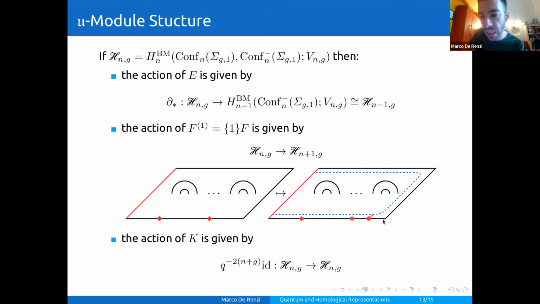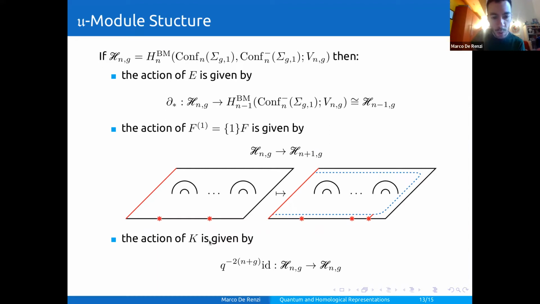So if we call this delta plus, the black part of the boundary, you just take a parallel copy of this, and you need to add a base point and choose a way to join it to this curve. I do this like this. And here I didn't specify any label because the label is 1. So this will implement the action of F.